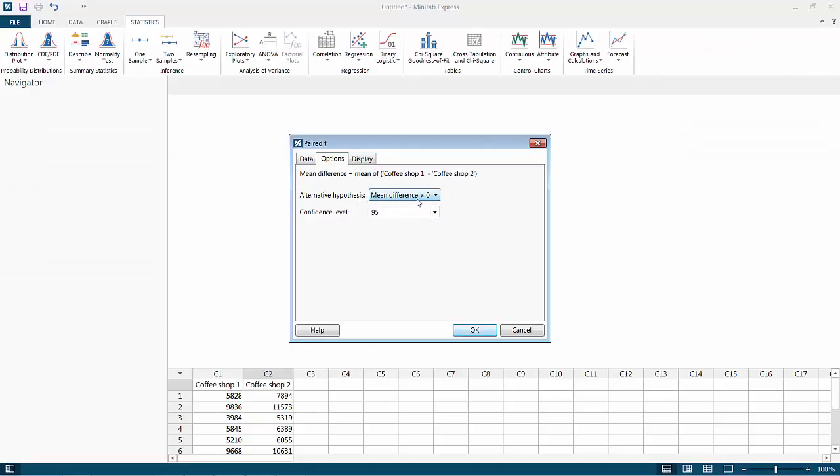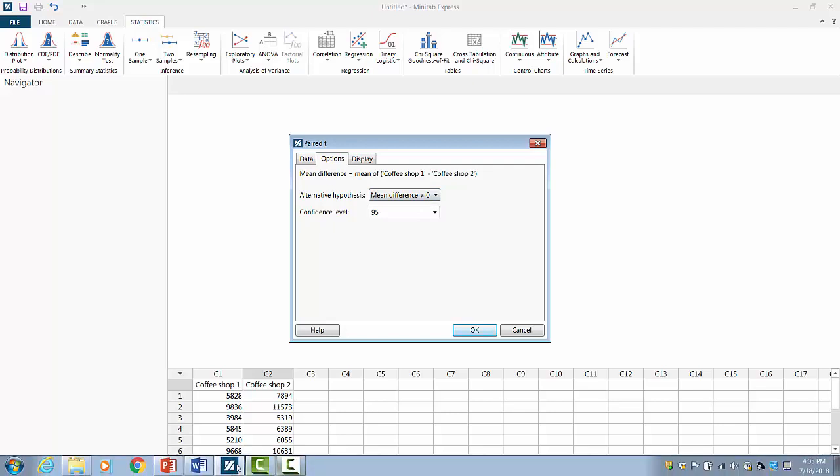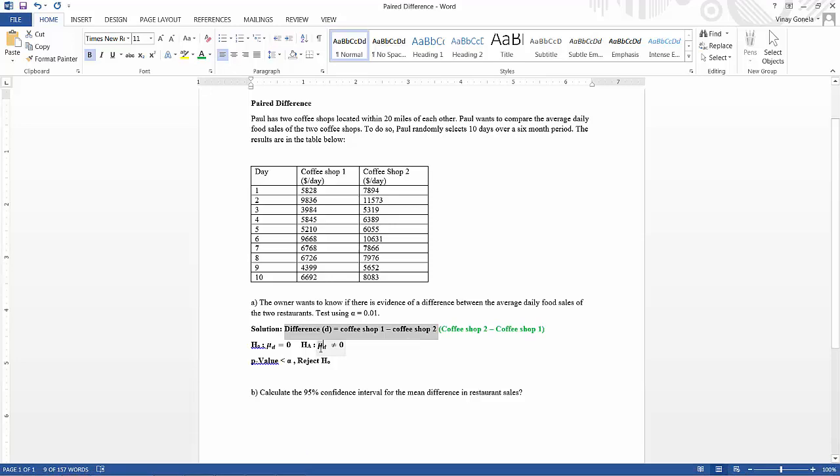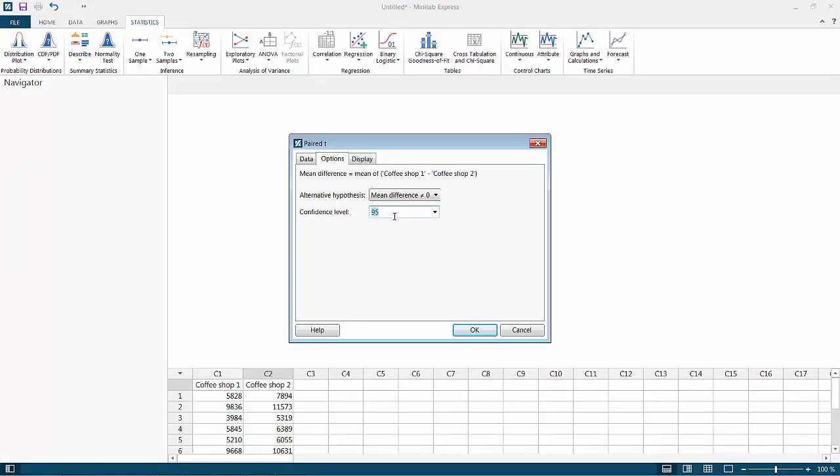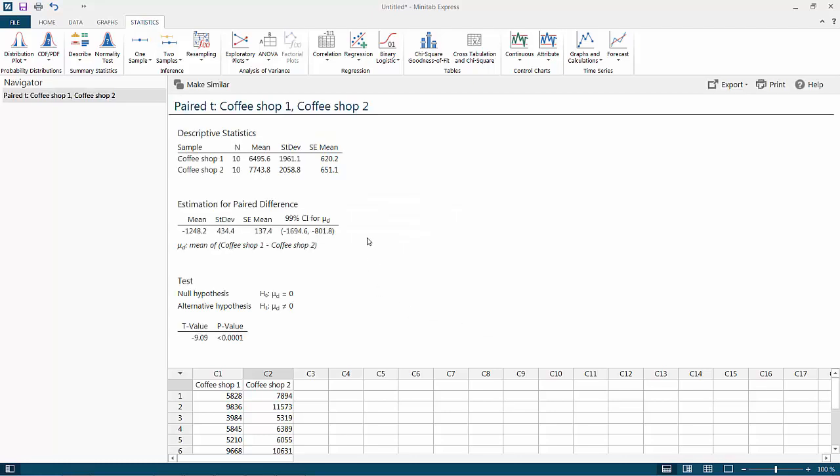Then our alternative is not equal to 0, which is our alternative hypothesis, mu d not equal to 0. And we wanted a significance level of 0.01. That means our confidence interval will be 99%.